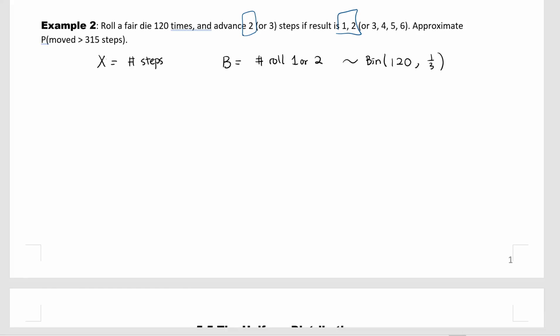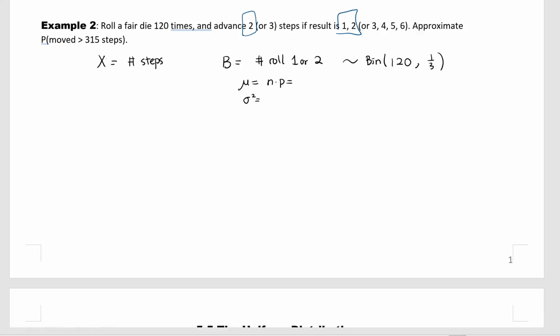So far, so good, everybody? So it's a binomial distribution with n equal to 120 and success probability 1/3. Let's figure out the mean and the variance. The mean is n times p. I hope you can remember the mean and variance formulas for the binomial distribution.